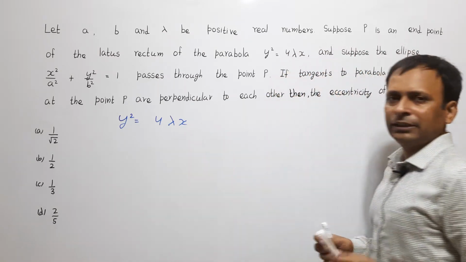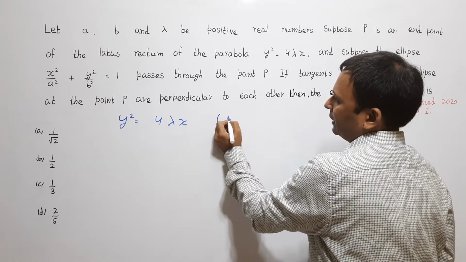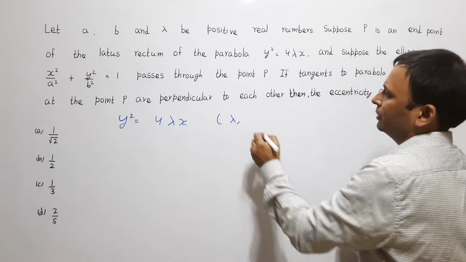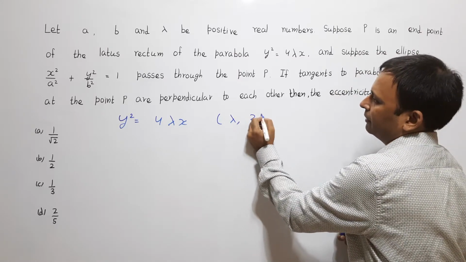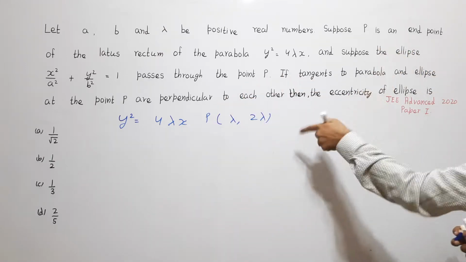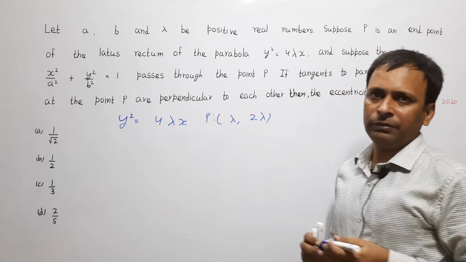So in this case, in place of a there is lambda, so we will write the endpoint as lambda comma plus minus 2 lambda. I can pick up any one of the endpoints, say if I take lambda comma 2 lambda as the point P given in the question. So this would be the coordinate of the point P.